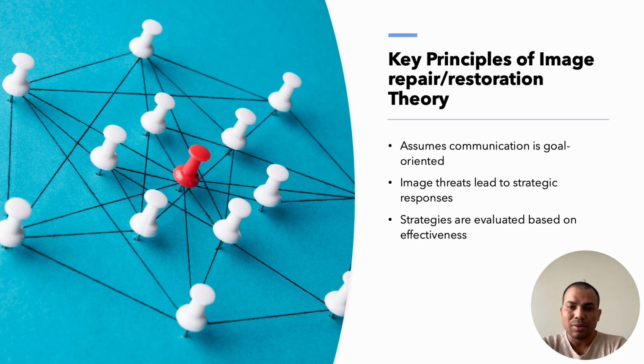When your organization's reputation is at risk because of some action or something that happened inside your organization, or because of allegations by other people about your organization, in that situation, when your reputation is under threat, this theory says the organization or individual needs a communication strategy to respond so that you can tackle those challenges. A threat to the organization's reputation forces us to make a strategy to solve that risk. This is what this theory is all about.